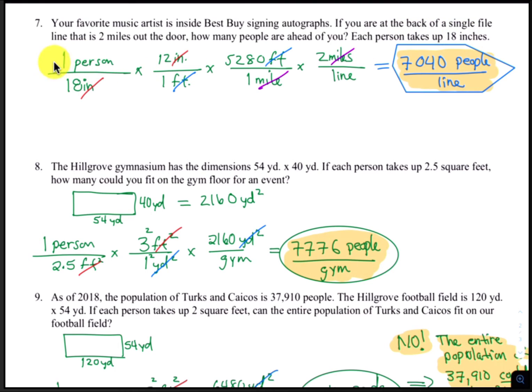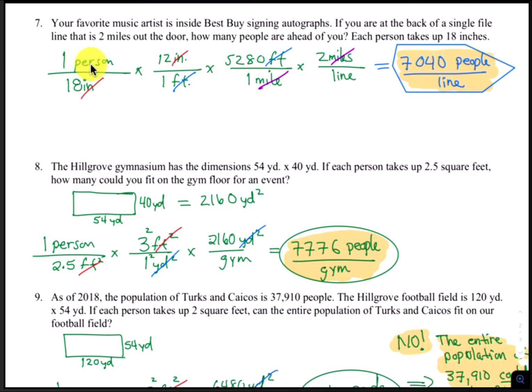Starting with the fact that one person takes up 18 inches, we can multiply that by 12 inches is equal to 1 foot. And then we multiply that by 5,280 feet to 1 mile. And we know that there are 2 miles in the line. All of the units have canceled except for people and line.